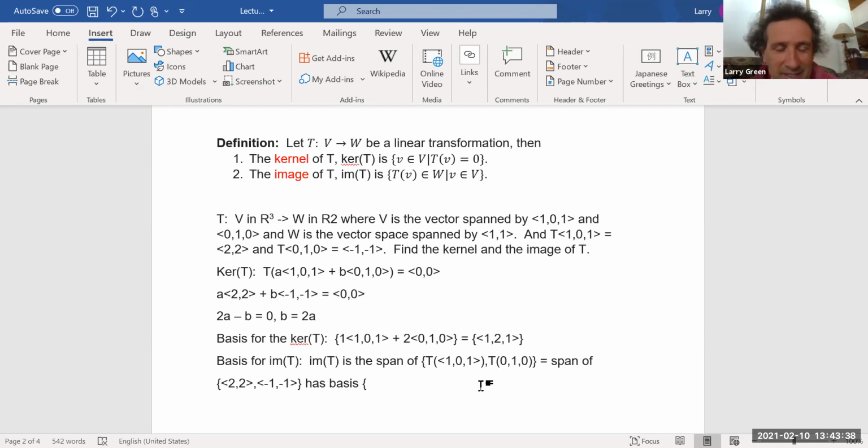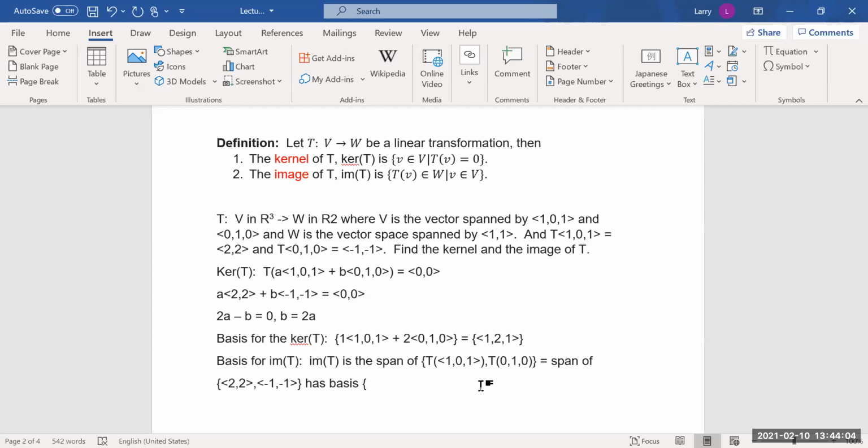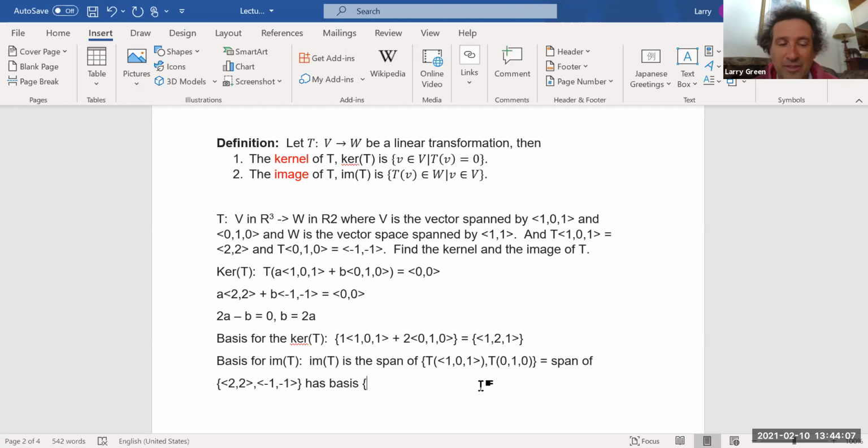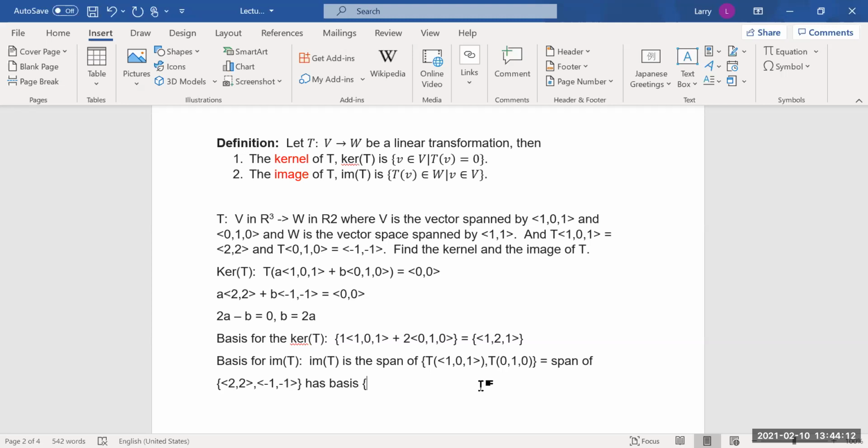It's nice and easy. Don't need matrices at all. You just look at it. Any ideas? I'm looking at the chat box. I'm listening. I want the span of the set with 2, 2 for the first vector and -1, -1 for the second. I want a basis for that span. It's -1, -1. Yeah.